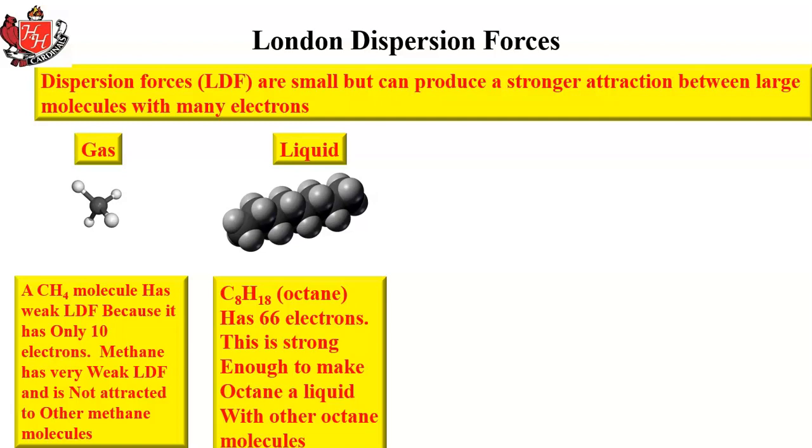But if they're pushed in one direction, they'll tend to form a kind of semi-permanent dipole where they do stay on one side. So for octane, this is strong enough to make octane a liquid with other octane molecules. So octane is basically gasoline, and you know gasoline at the gas station comes out in liquid form. And then we can get even bigger molecules.